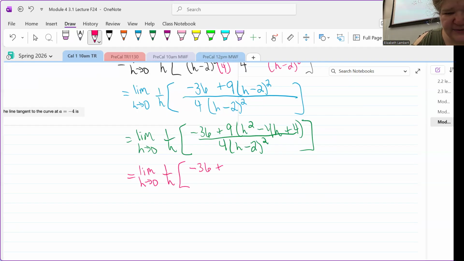So still the negative 36, and then this 9 is going to get multiplied through. So plus 9h squared minus 36h plus 36 all over 4 times h minus 2 squared.